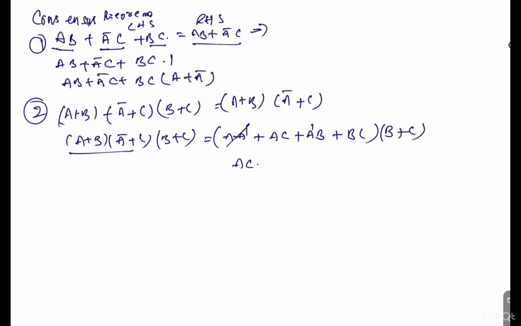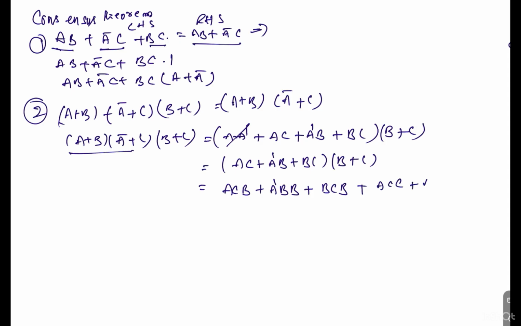So AC plus A bar B plus BC has to be again a dot operation with B plus C. So this can be written as ACB plus A bar B B plus BCB plus ACC plus A bar BC plus BCC.